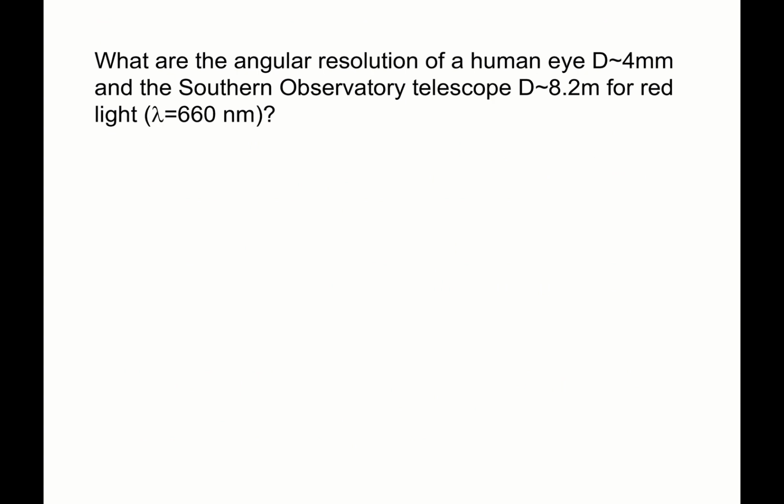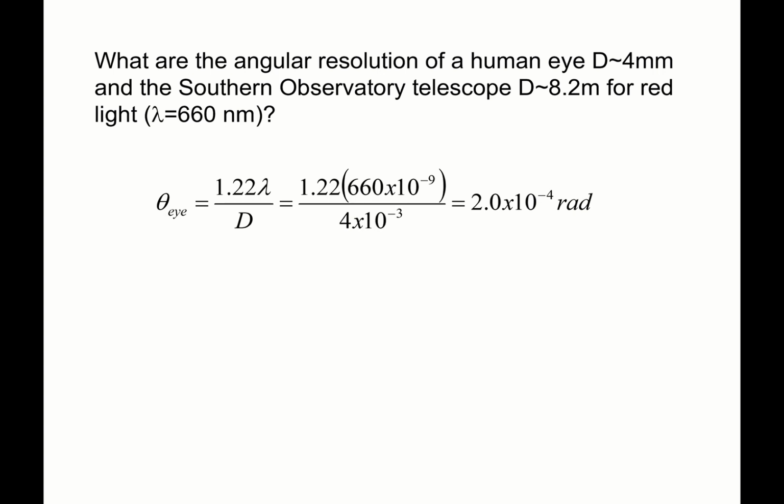So let's figure out the angular resolution of a human eye, where the pupil is about 4 millimeters across, and of the Southern Observatory Telescope, which is a very huge telescope with a lens diameter of 8.2 meters, for red light, so 660 nanometer light. For the eye, remember the angle is 1.22 lambda over d.